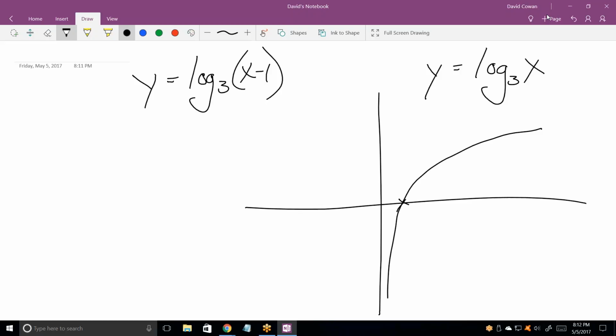And it goes through that point 1, 0. The fact is that all log functions look like this. That could be log base 13 of x, and it would look exactly the same. All log functions go through this point 1, 0.